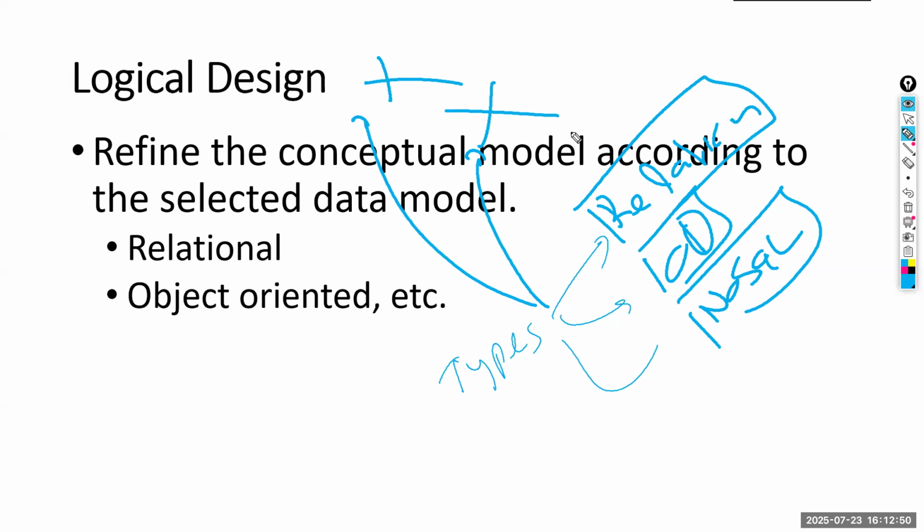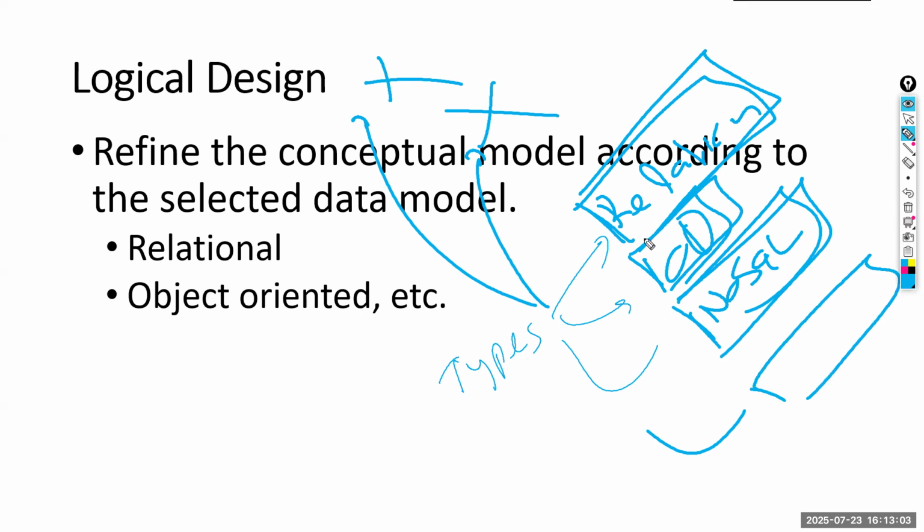So we do logical design after deciding which approach we are going to use: relational or object oriented or NoSQL or anything else. We have decided that, but we haven't decided exactly what our DBMS is. That means we have decided which approach to use, but not exactly which DBMS. Is it clear? Okay.